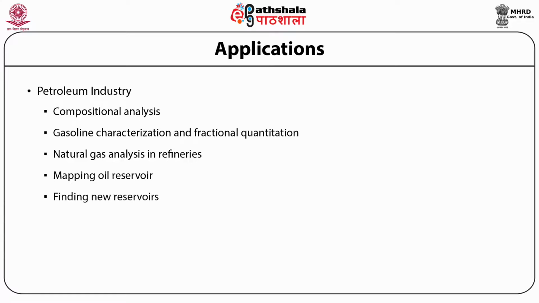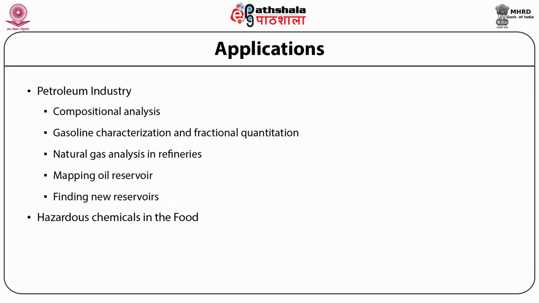Gas chromatography has found its use in detection of hazardous chemicals in food. Although the use of pesticides has increased agricultural productivity, some of the pesticides which enter into our food chain pose a serious threat to our lives.